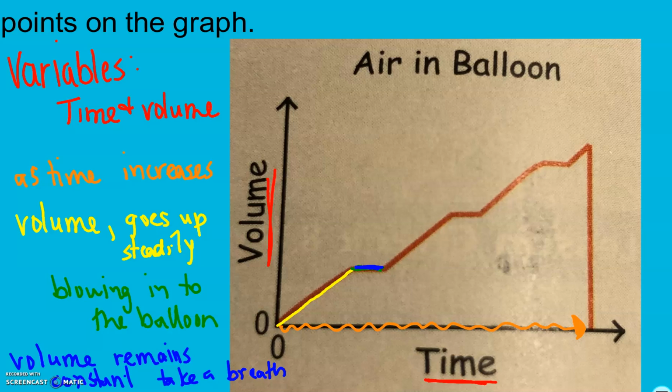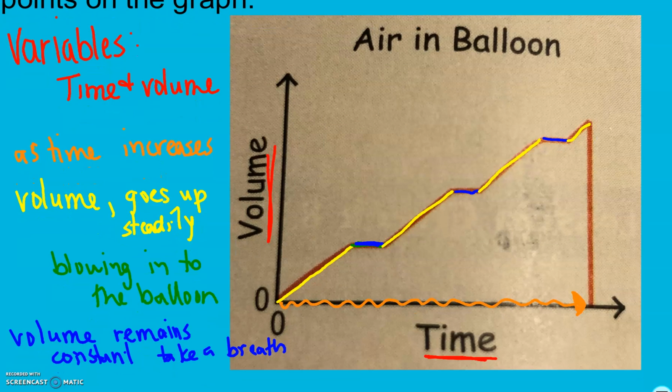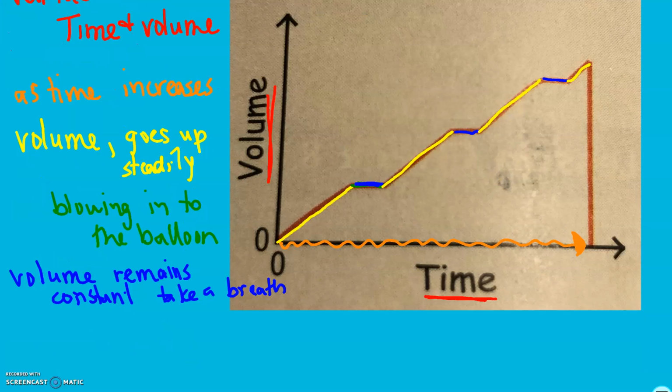And then the same thing happens. The volume goes up steadily because we're blowing into the balloon. And then it remains constant because we take a breath. And then it goes up steadily, and then it remains constant. And then it goes up steadily until all of a sudden, so that pattern here is going to repeat.